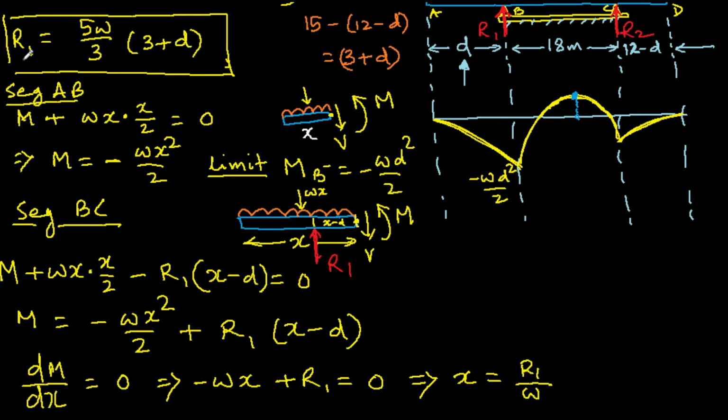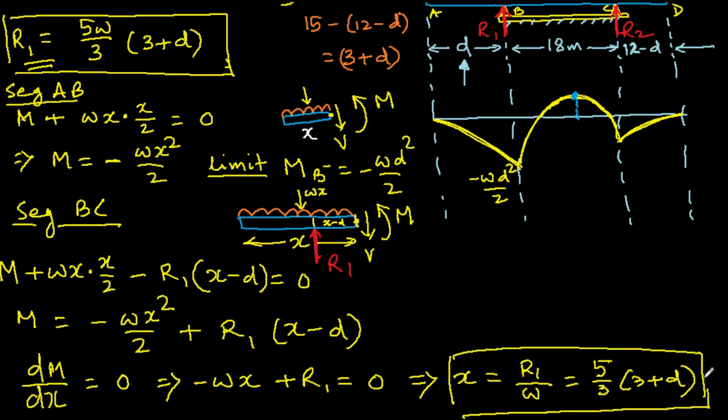Now how much was R1? R1 is this, over w is nothing but 5 by 3, 3 plus t, right? So this is the location from this end, because we have taken this x from here.